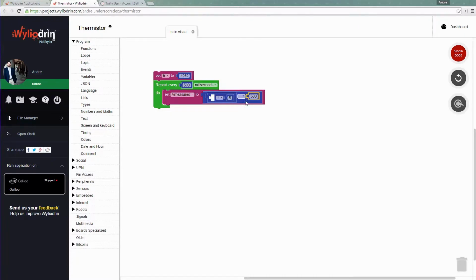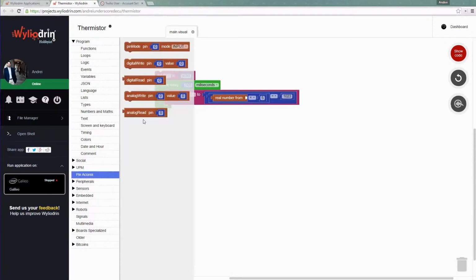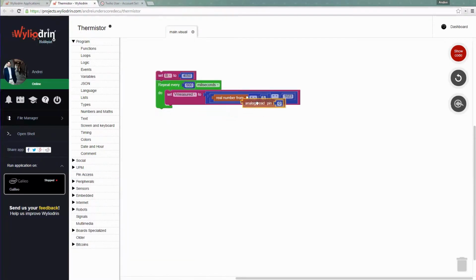And divide by 1023. Now I need to add the block that reads the value, and I need to make sure that this is a real number. So please drag this block here, and now it's a real number based on the analog read on pin 5. Okay, let's continue.